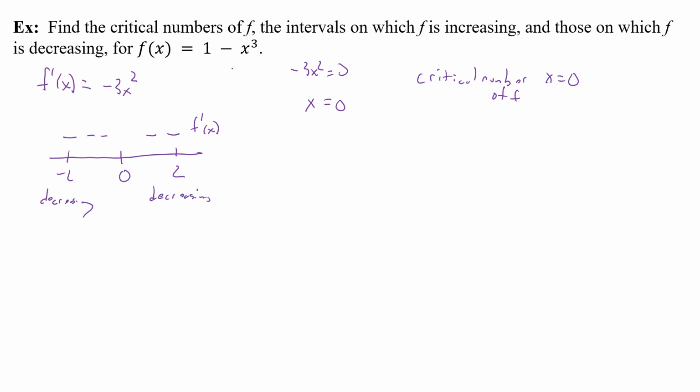Now, what do we know about this function? It's continuous over the whole interval from negative infinity to infinity. There's nothing restricting it, which means 0 can be part of this, and so it's continuous.